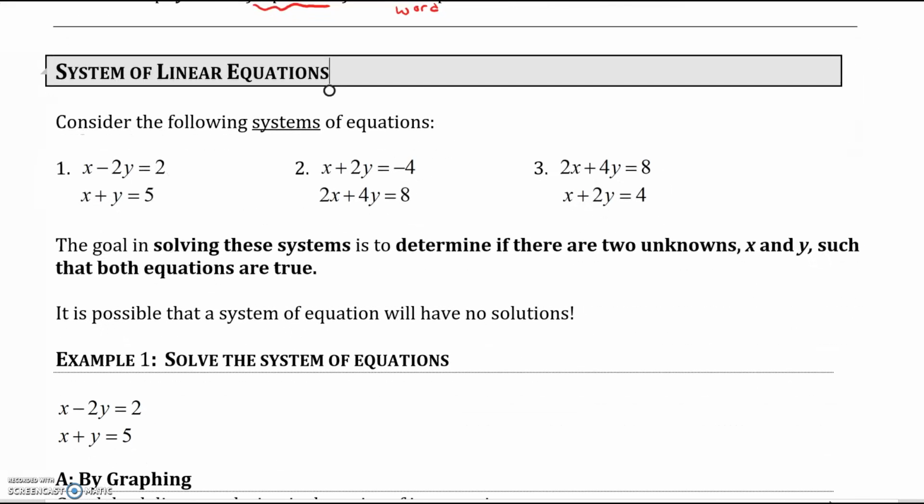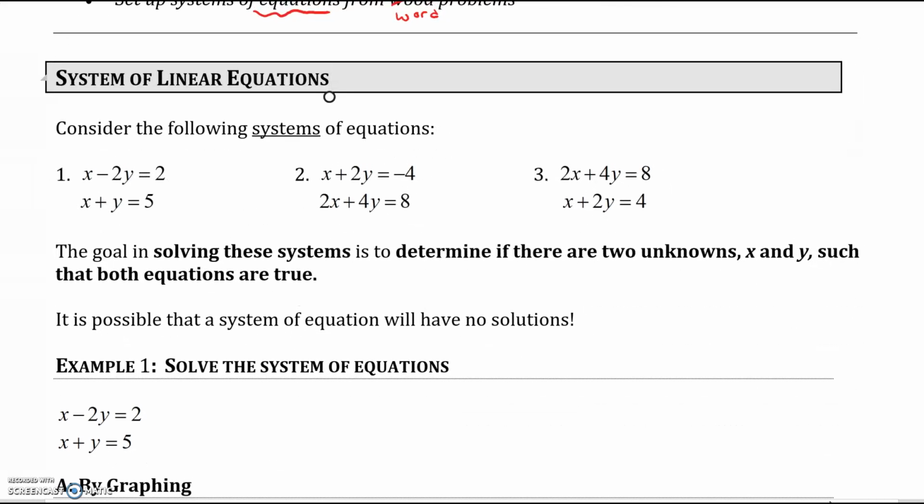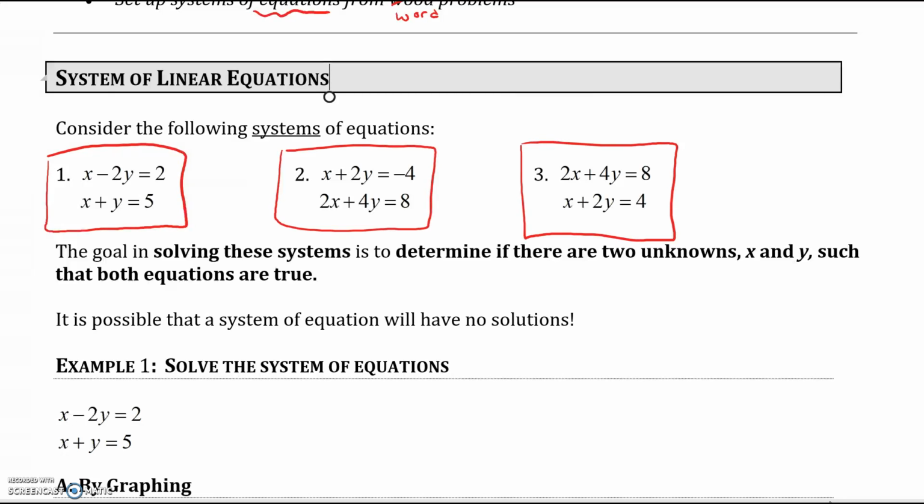In each of the seminars this week, we'll begin by looking at the same three systems of equations: set 1, set 2, and set 3. When we say we're trying to solve these systems, what we're trying to do is to figure out if there are any values, any value of x and y that we can sub into both equations and make them both satisfied simultaneously.